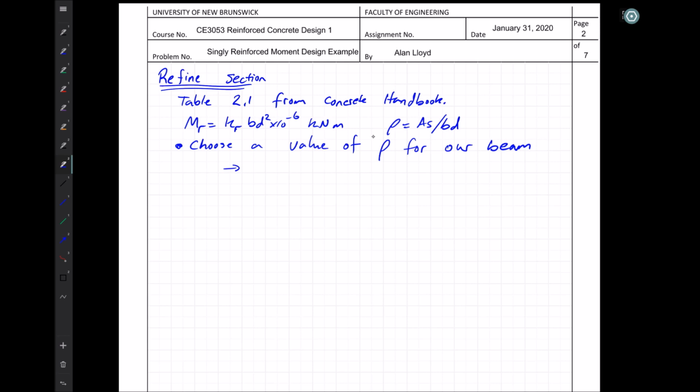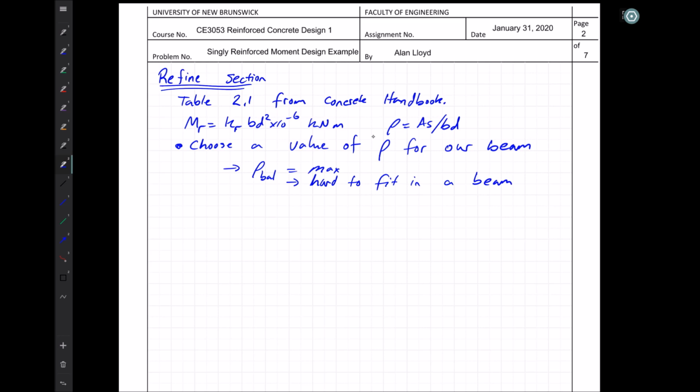And this is another designer's decision. I could choose any value between 0, which wouldn't do anything, and up to Rho Balanced, not above that. So what should I choose? Well, there's a big question there. If we chose Rho Balanced, the maximum value, this would be hard to place, hard to fit in a beam. It also has some other drawbacks: if we have to modify our design just a little bit to make things work, we don't have any room to put any more steel in there.